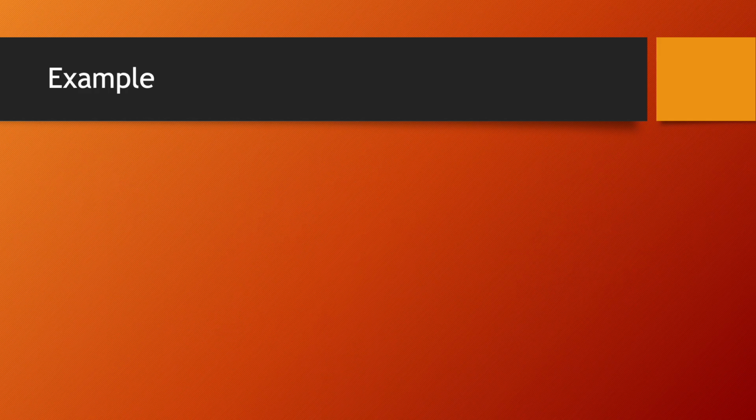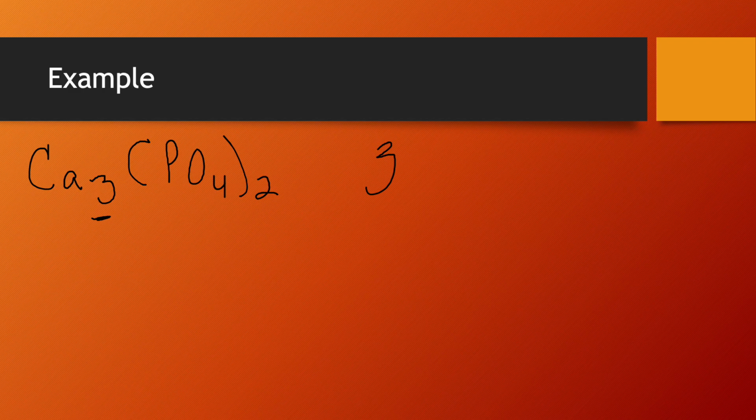This one is calcium phosphate. Calcium phosphate is Ca3(PO4)2. For the calcium, I have 3 atoms of calcium, and each atom of calcium is contributing 40.08 AMUs.